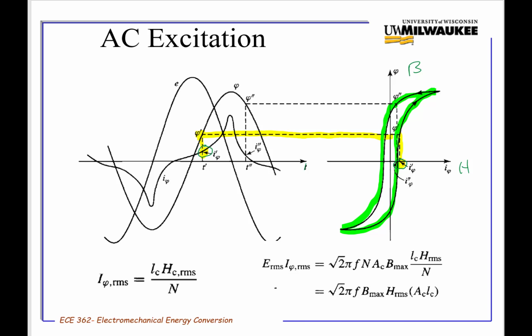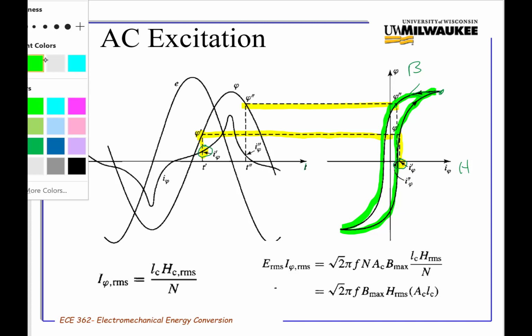Translating it over to the time versus the amplitude. When I follow it coming back, I've come up to my peak right here, and I'm going back, and it highlights another point right here. This point is that flux here, and I'm going to highlight in green.